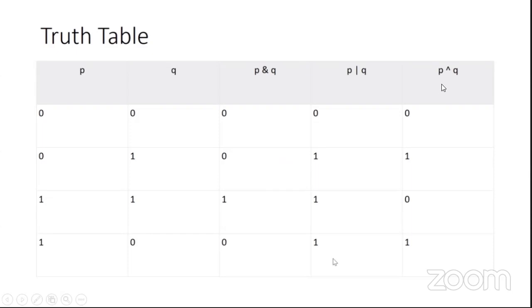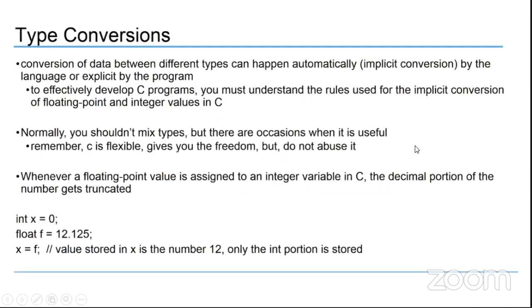So this is p power q, which represents the NOT table, right? So if your values are 0 0 then 0, and 0 1 then 1, if both values are 1 1, then it is 0, and 0 0 means 0. If we have any one value as 1, then we'll get 1. Okay, so these are the types of conversions.